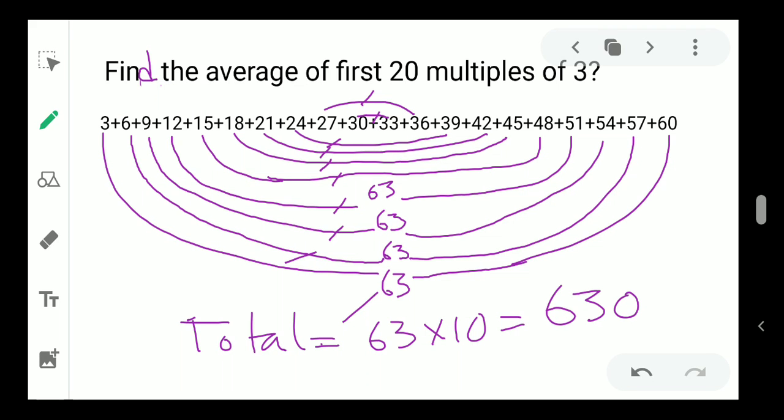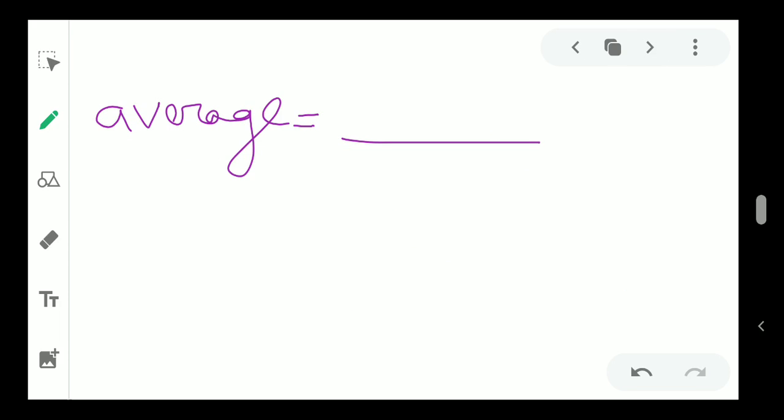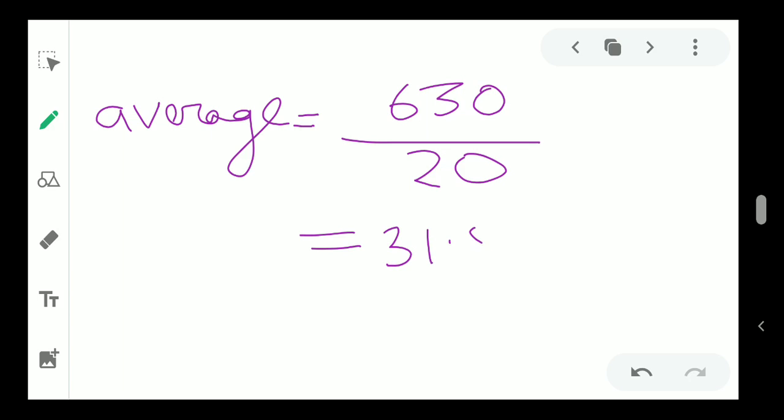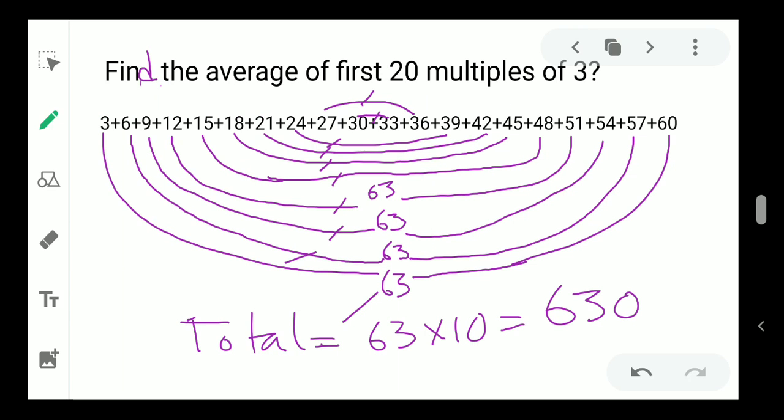Very easy, because now we know that average is equal to my total divided by 20. I know it will come in fraction, but still it's very interesting to see that the average is 31.5.